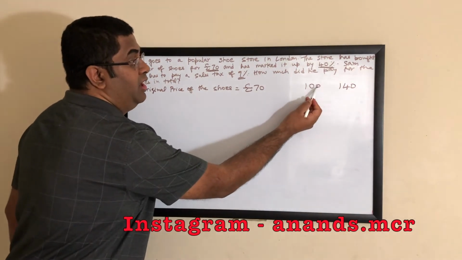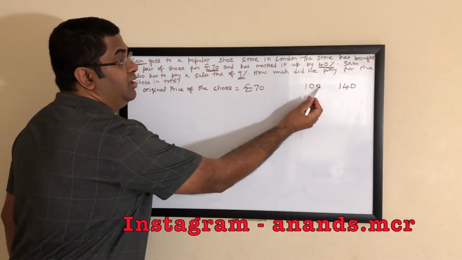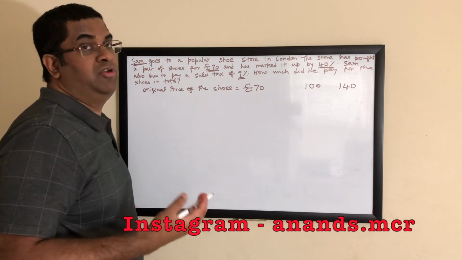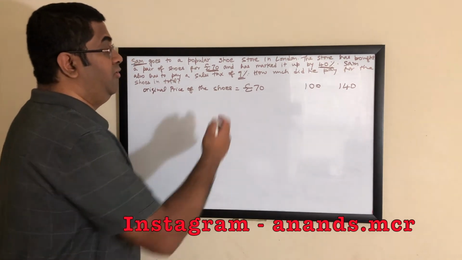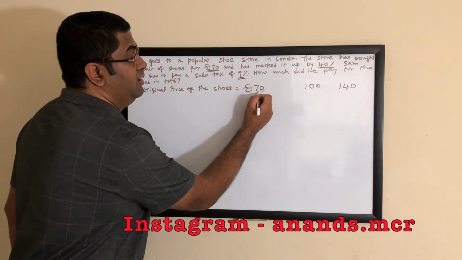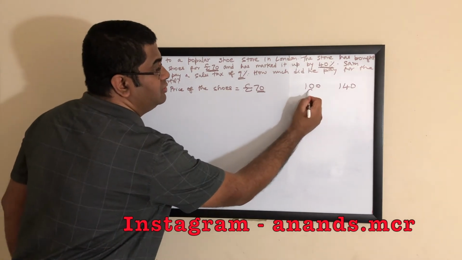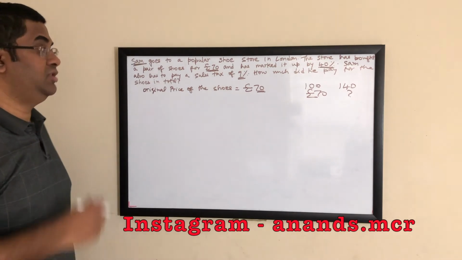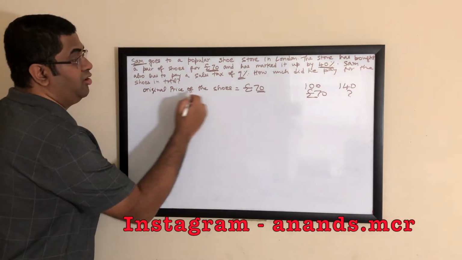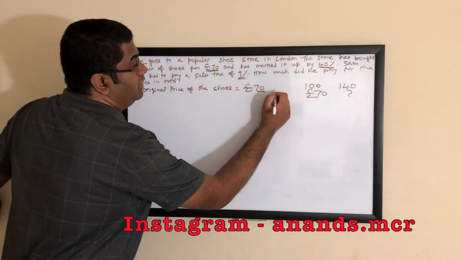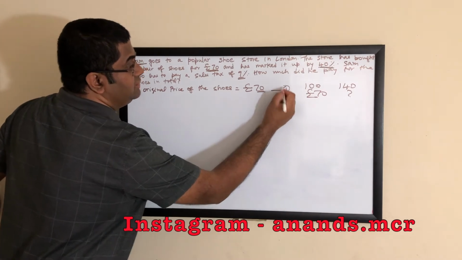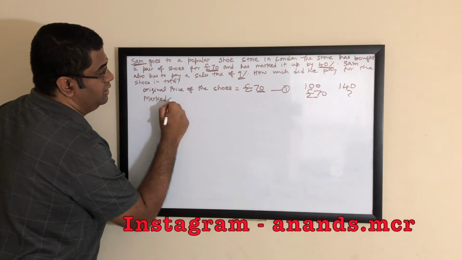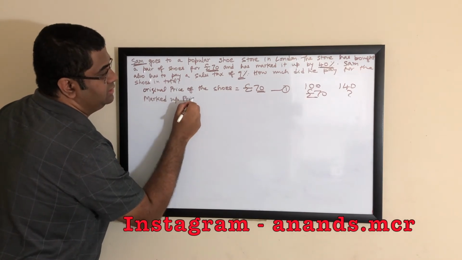Now in this case, we have the price as £70, so we have to find out how much the marked up price is. So that is what we are going to do next. Let's call the original price of the shoes step 1. Step 2 would be the marked up price.